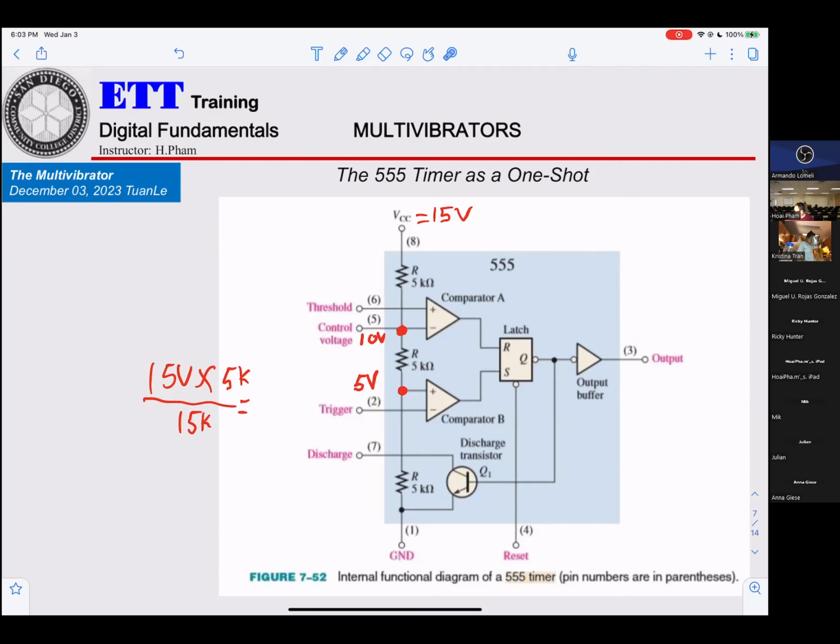And the output Q. Depending on input S and input R, Q will be 0, or Q will be logic 1, or Q will be no change. And this is just an inverter. If you get a logic 0 here, then you get logic 1 at the output. If you get a logic 1, you get a 0. If you get a 0, you get a 1. Inverter.